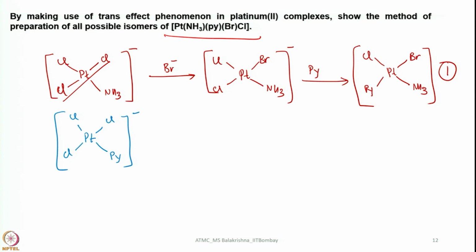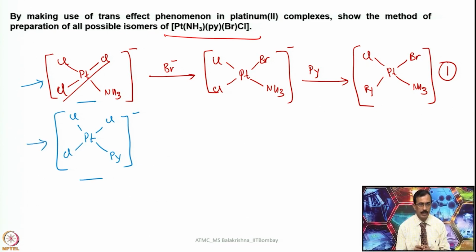That is the reason I did not mention the preparation of this one and also the preparation of this one. If you take tetrachloroplatinate, add one equivalent of ammonia, we can generate this one readily, and if instead of ammonia you add one equivalent of pyridine, we can generate this one. It is obvious the moment you look into it. Here there is no need to worry about trans influence or anything, since we are starting with a homoleptic molecule.